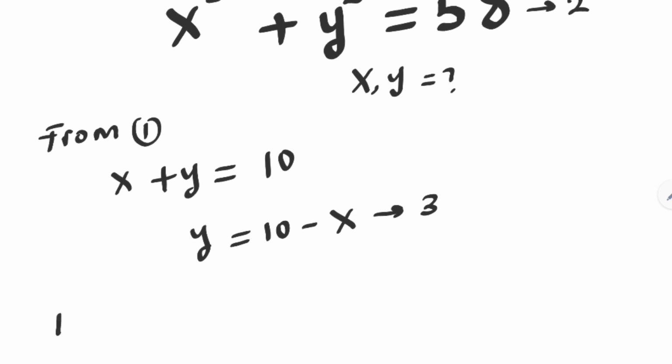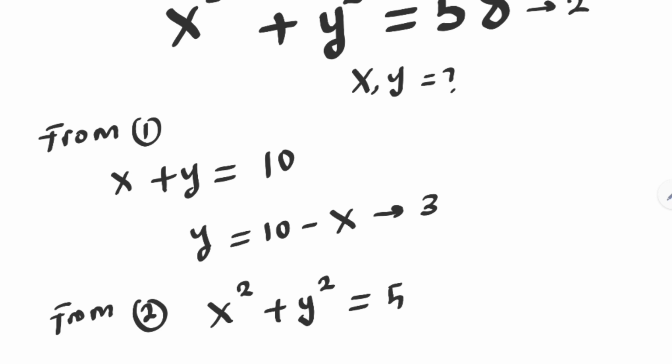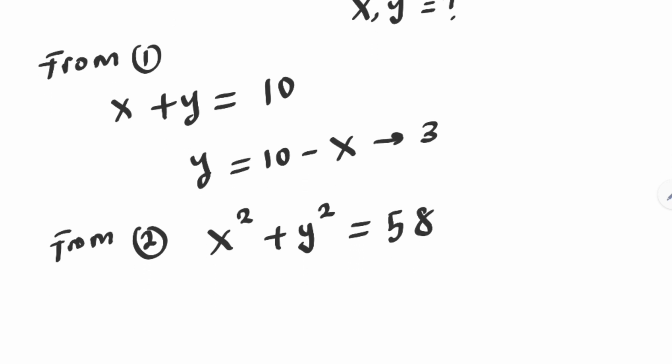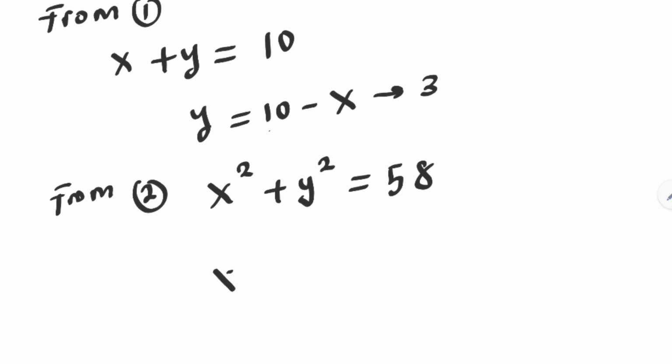Then from equation 2, x square plus y square is equal to 58. Let us substitute for y, which is 10 minus x. x square plus y square will be x square plus (10 minus x) square is equal to 58.